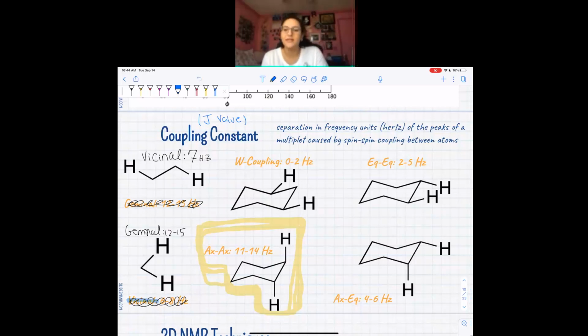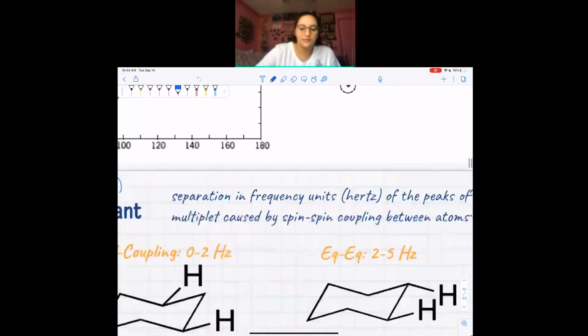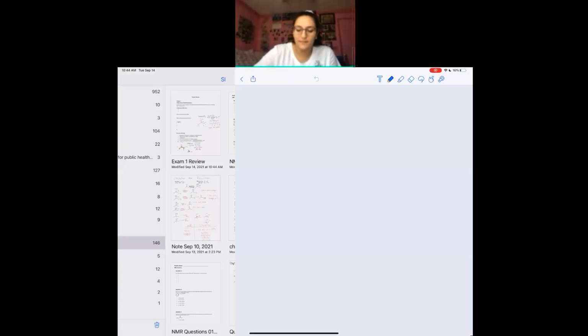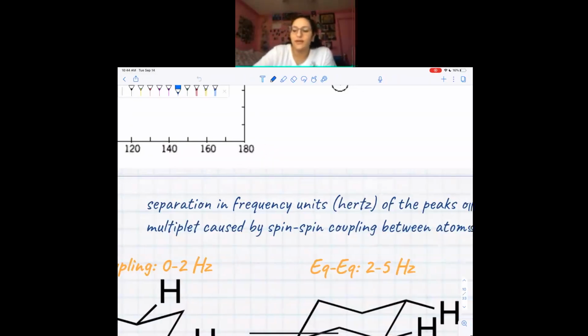Okay, those are big words. What does that mean? Basically, think of the tree diagram very simply. So if we have one signal, we know that every one of those neighbors is going to break up that signal into multiple peaks. That's what we mean by a doublet, triplet, whatever, right? We have multiple peaks.